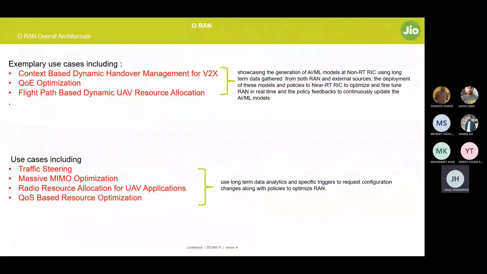So exemplary use cases of this architecture: it can enable us to have the following things: context-based dynamic handover management for vehicular to infrastructure, QoE optimization for optimizing the whole network and providing the best performance after you train your network using AI and machine learning models.